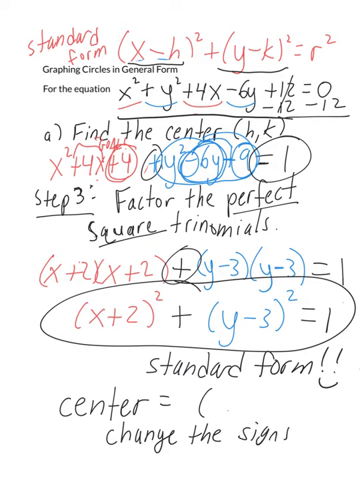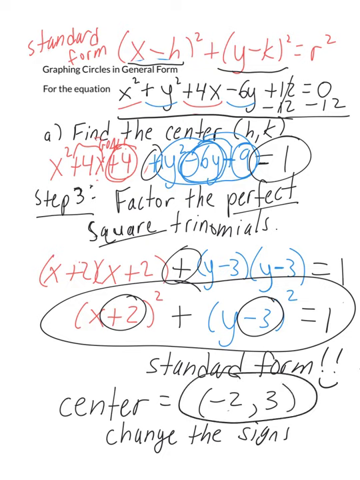So the number trapped with x was a positive 2. So when I change the sign, that makes it a negative 2, comma. Now the y-coordinate, or the k as they call it in the homework, change the sign on the number trapped with y. So if I have a negative 3 trapped with y, I make it a positive 3. So the center of the circle is at negative 2, 3.